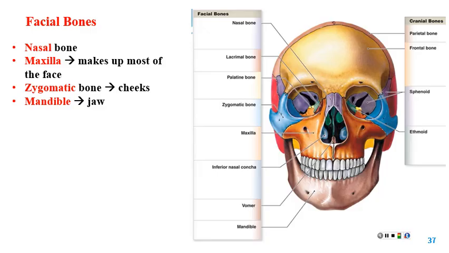Okay, so looking here at the nasal bone, of course, right on top here of your nose, and that's the part that is not made of cartilage, so this is a real bone. Right behind the nasal bone, you're going to have your lacrimal bone. So this is the part that you're going to have also lacrimal glands, so right behind the nose, okay?